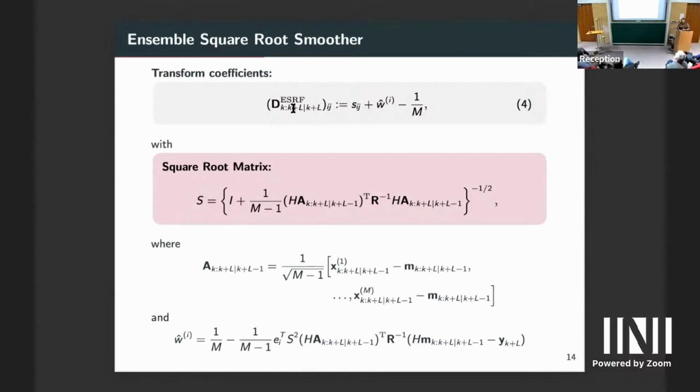And what it does is, if everything were Gaussian, so if everything was linear in my system, so linear observation operator and linear model, then for finite ensemble numbers this filter will give you the true mean that the Kalman filter would produce and the true covariance, even for finite ensemble numbers.